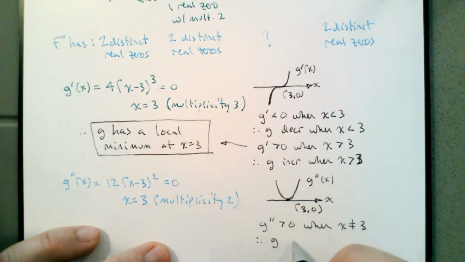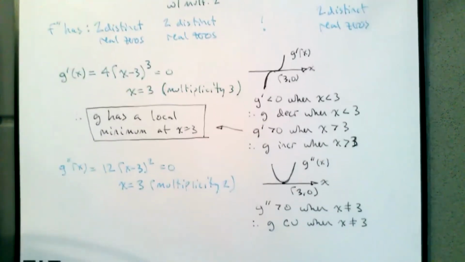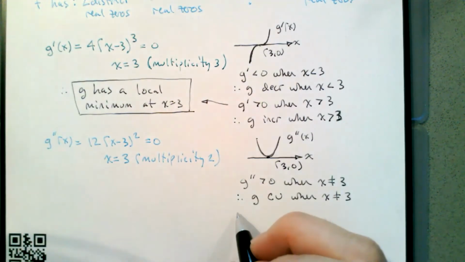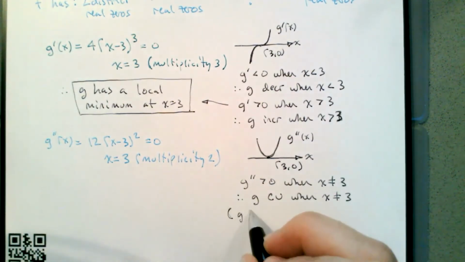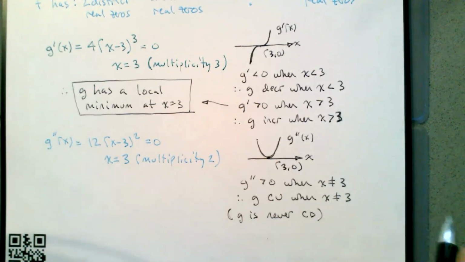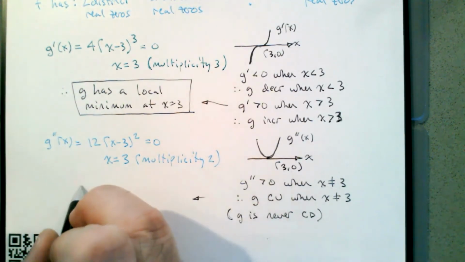Therefore, g is concave up when x is not 3. Maybe the more important thing to notice is that g is never concave down. From a task at hand standpoint, g has no inflection points.